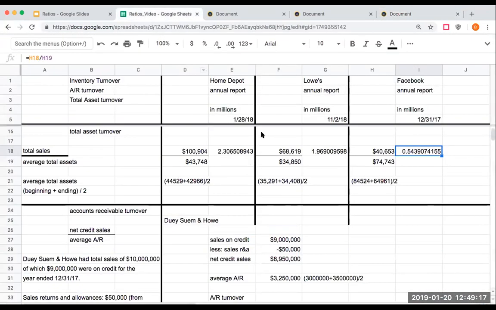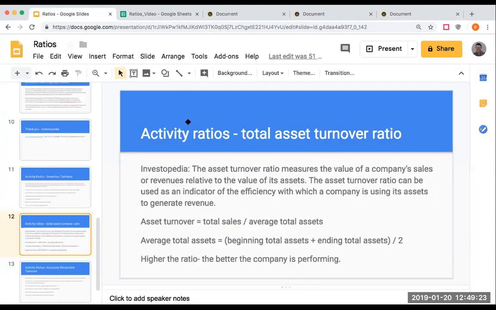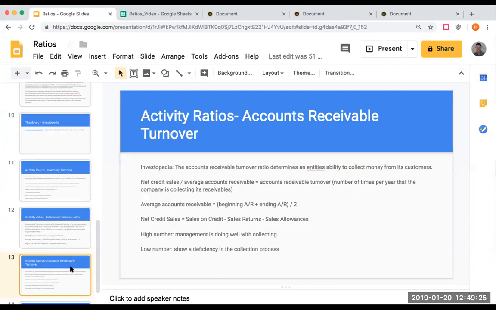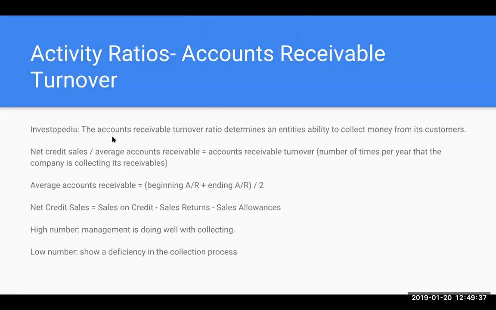So the last ratio we're going to look at, as far as the activity ratios are concerned, is the accounts receivable turnover ratio. The way that Investopedia defines this is that it determines an entity's ability to collect money from its customers.